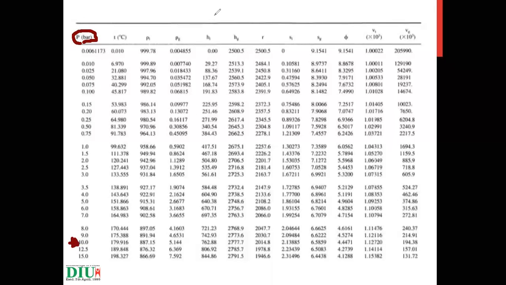There are several columns here. One is HF, the sensible heat column, and I told you that HFG is the latent heat column. We take the values of sensible heat and latent heat from these two columns. If I go along the row for 10, it gives me 763 something and 2015 something. We'll take these values from the steam table and go back to our equation.